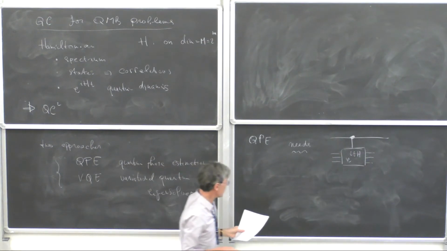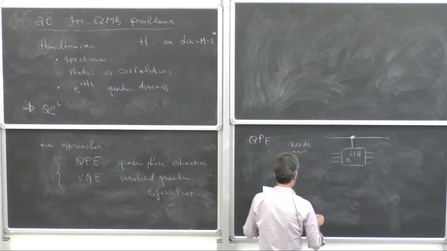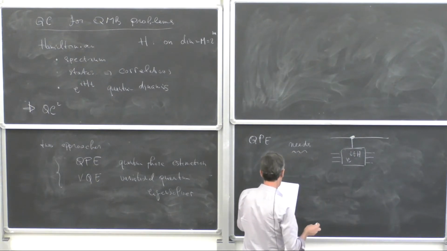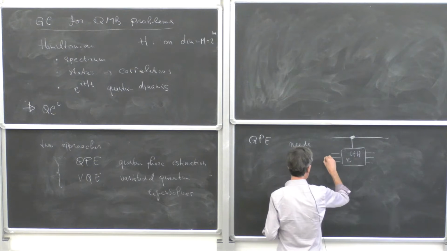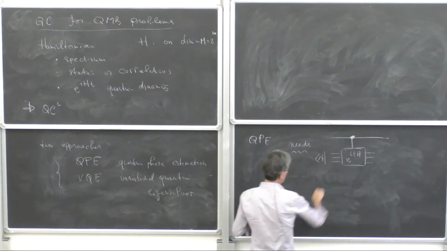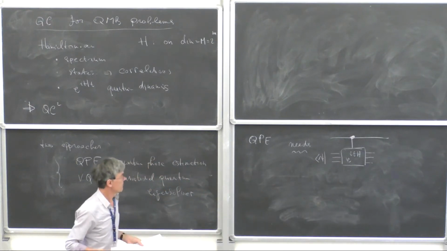But if you can do this, the second thing you also need is some quantum state, which you're going to put here. So you start the bottom qubits, or the system qubits, in some state psi.